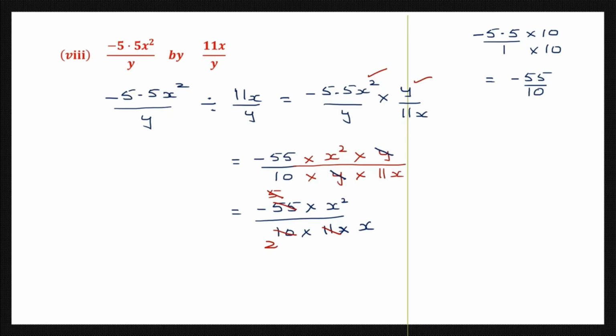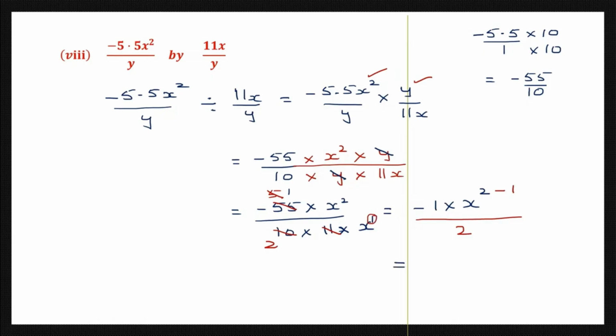So now what do we have left in the numerator? I have minus 1 into x to the power of 2 minus 1. Okay, and in the denominator I have only 2 left. Everything else is cancelled. So what do I have now?